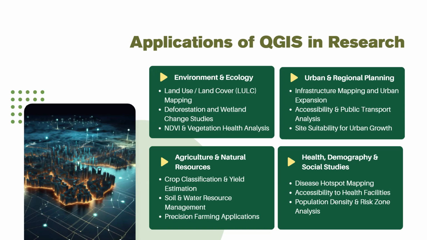Now, we just see mapping of land cover change, monitoring vegetation, and again, assessing forest loss or wetland encroachment. The researchers can integrate satellite images with the boundaries to quantify the change over time.